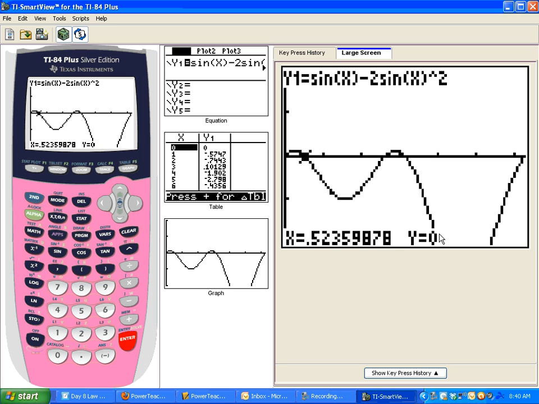That one's good. Was 150. So 5 pi over 6. And then the last one was 180. What is the radian for 180? Good.